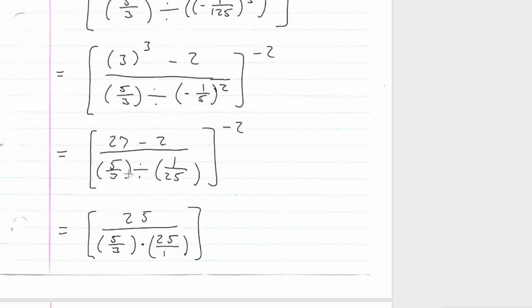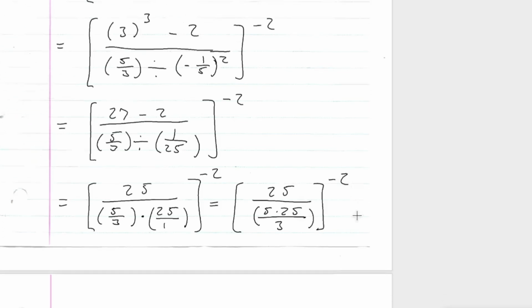That's the same as division, right? And then this will be equal to 25 over, and then let's multiply fractions. I'm just going to keep this as 5 times 25 over, and then 3 times 1 is 3. Oh, I forgot that negative 2 over here, right?